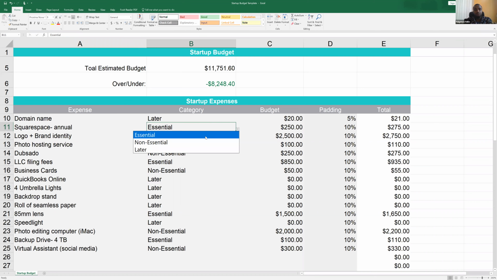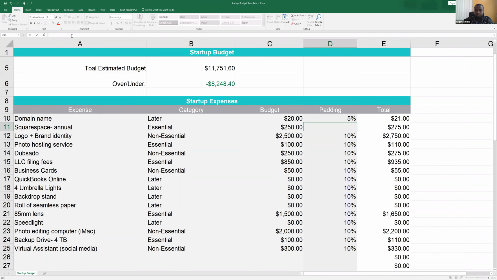It's essential. So the cost is $250, and if you pad it with 10%, we can pad it at 5%. So our padding can be 5%, not 500. We can pad it at 5%, sorry for that. So basically we can pad all our expenses at 5%.